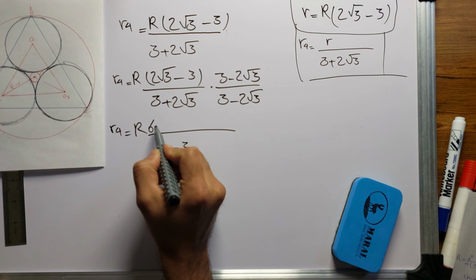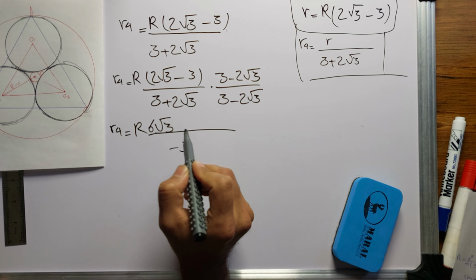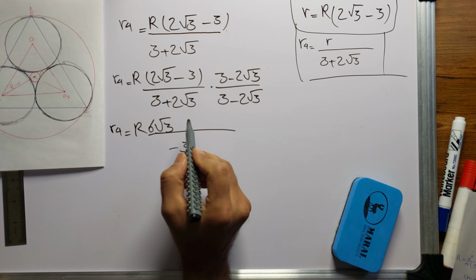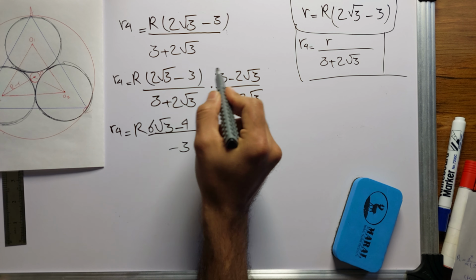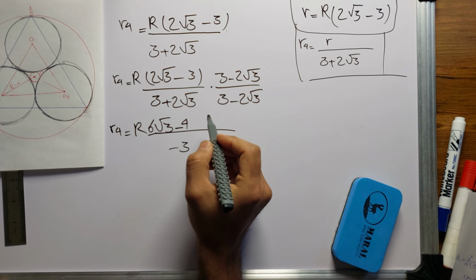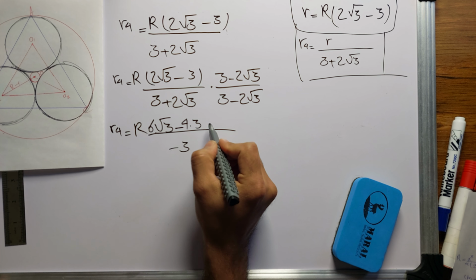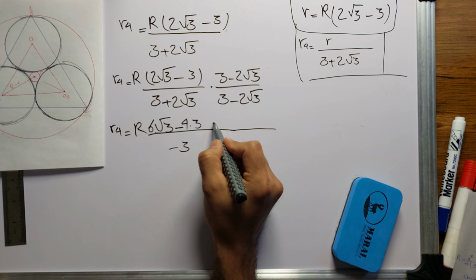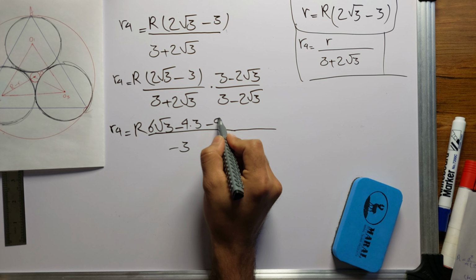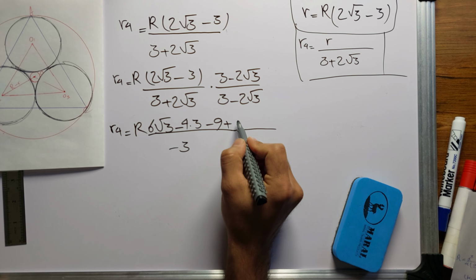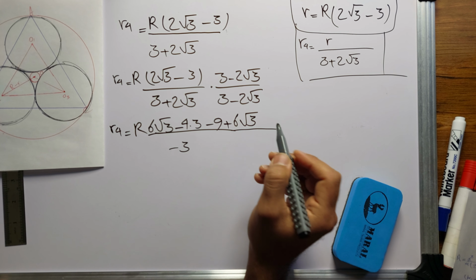So that's 6 square root of 3 minus 4 times 3, minus 12, minus 9, and plus 6 square root of 3.